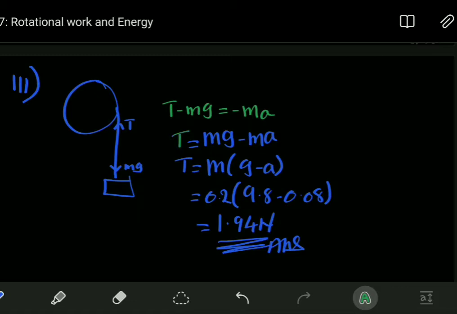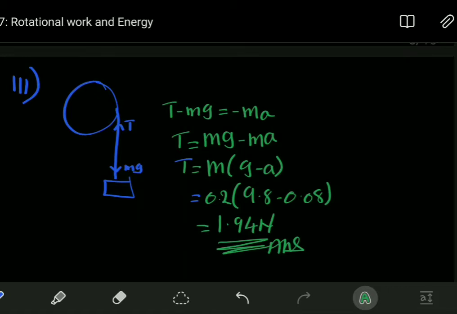Therefore, T equals mg minus ma, so T equals m multiplied by g minus a. We know a, we know the mass, so the mass is 0.2 multiplied by g minus a. Therefore, the tension in the cord is 1.94 newtons. Okay, so this was straightforward.